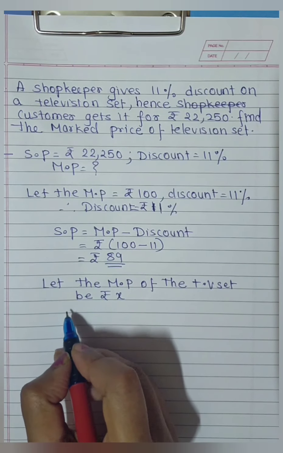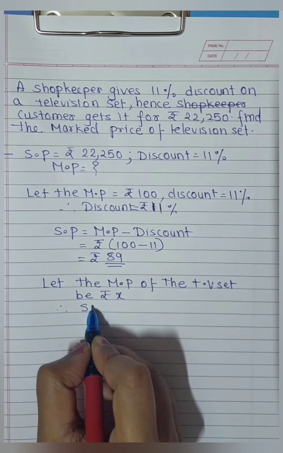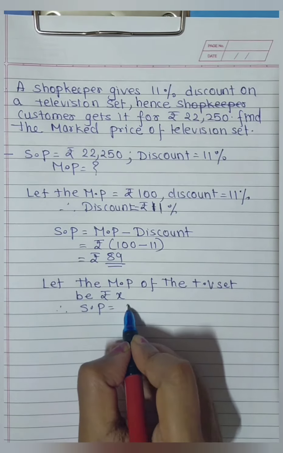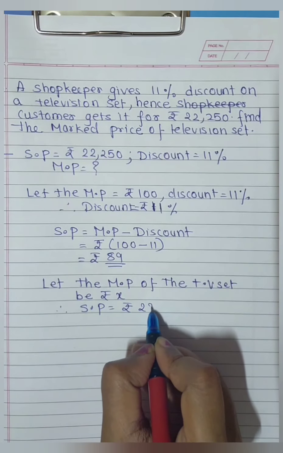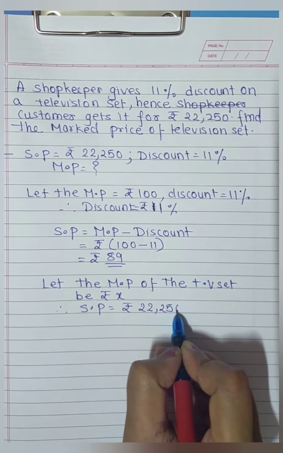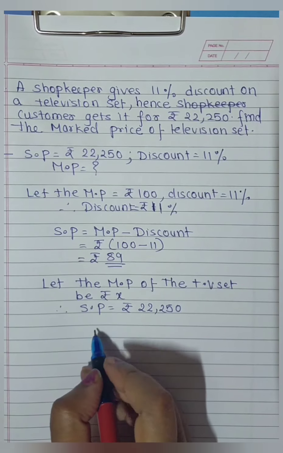So we'll use the formula. Selling price is what is given? Rupees 22,250 given. Okay, now here what we'll do?